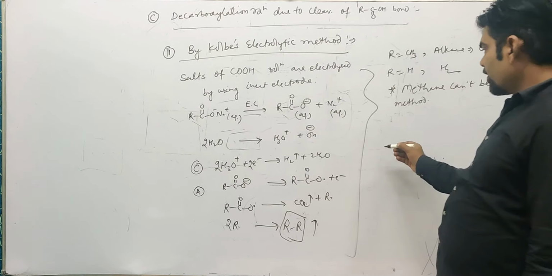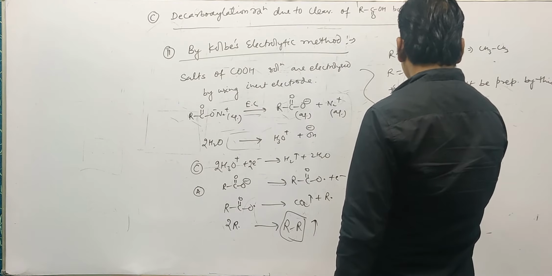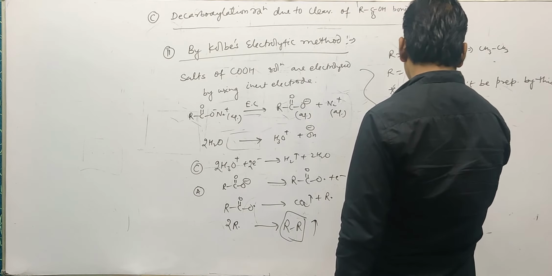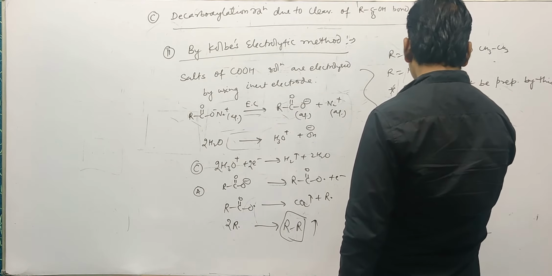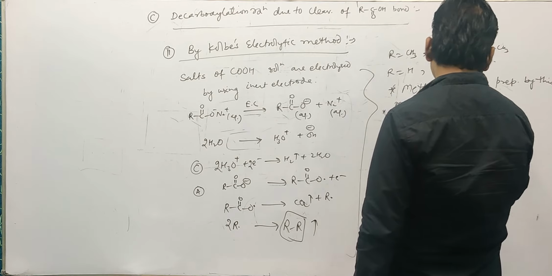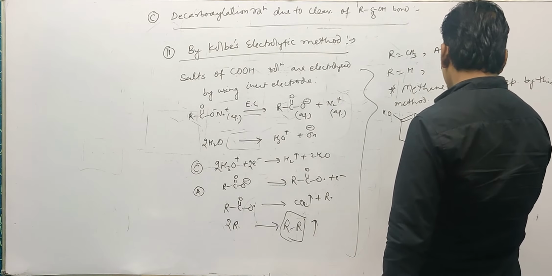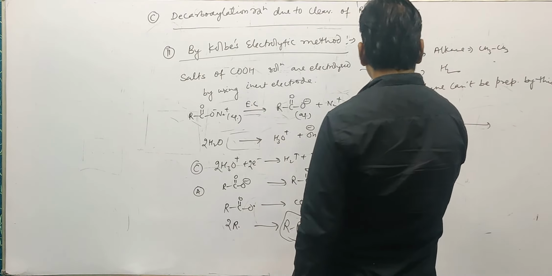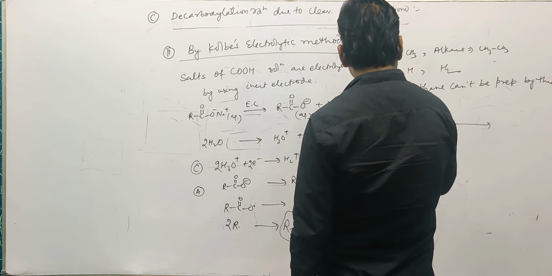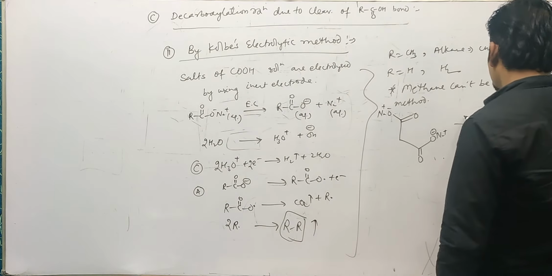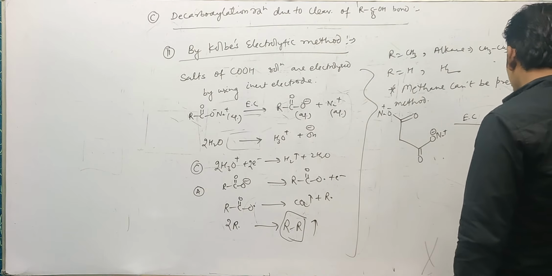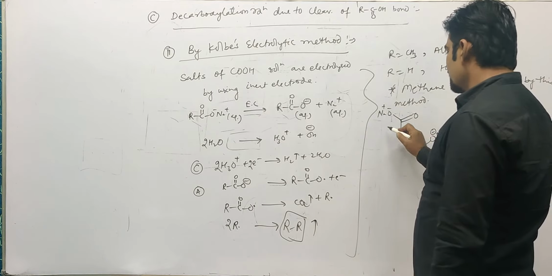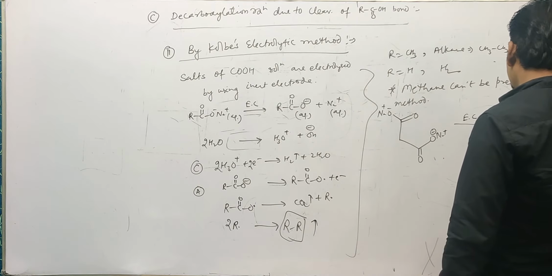Similarly, if we take a diacid, COOH COOH, and its salts with O minus Na plus, this is a malonic acid salt, and if it undergoes electrolysis, there will be elimination of carbon dioxide at each place.